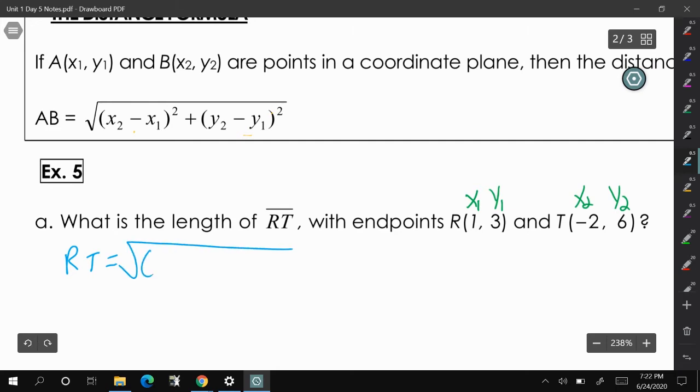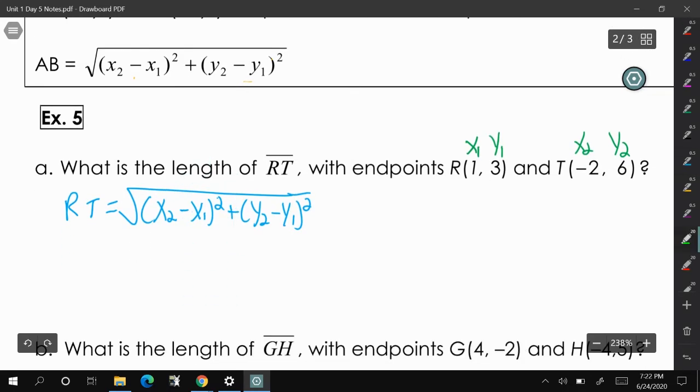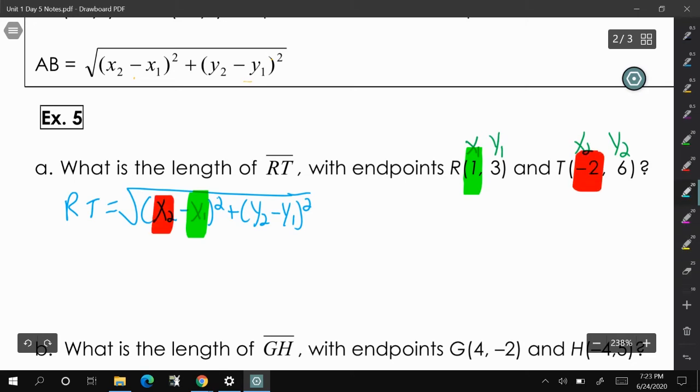what we are given. Okay, so x1 is 1, so I'm going to plug that in for x1. x2 is -2, I'm going to plug that in for x2. y1 is 3, and y2 is 6.